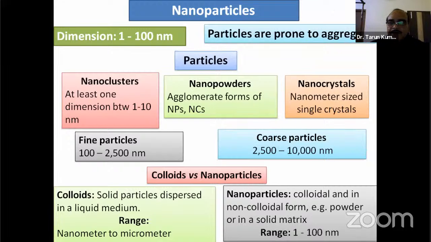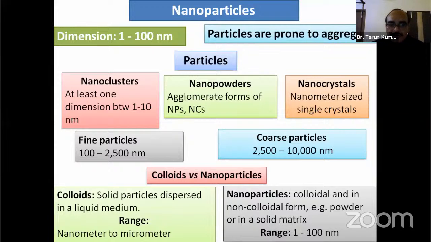So what are the different types of nanomaterials? It can be the nanocluster type, it can be nanopowders, nanocrystals, it can be fine particles, quartz particles. Based on their particle size, these can be classified. Another thing we sometimes misinterpret is colloids and nanoparticles.